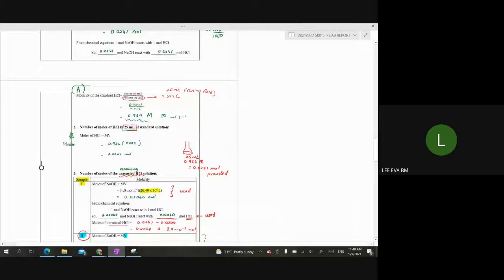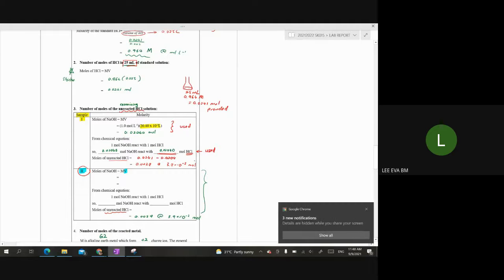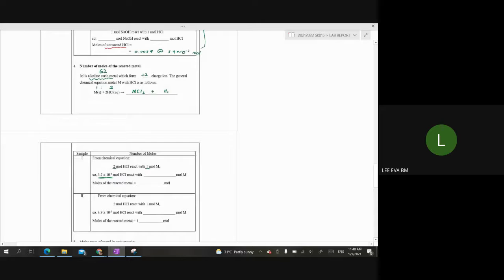Sample 1 punya. Sampel 1 yang tadi kita kira untuk part 3 dekat sini. Okay, madam bulatkan. Guna warna lain. Okay, so this one. Your number of mole of unreacted is the one that react with your metal.